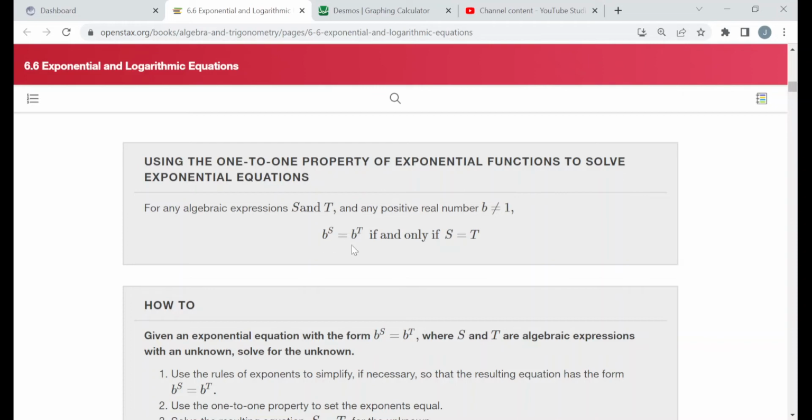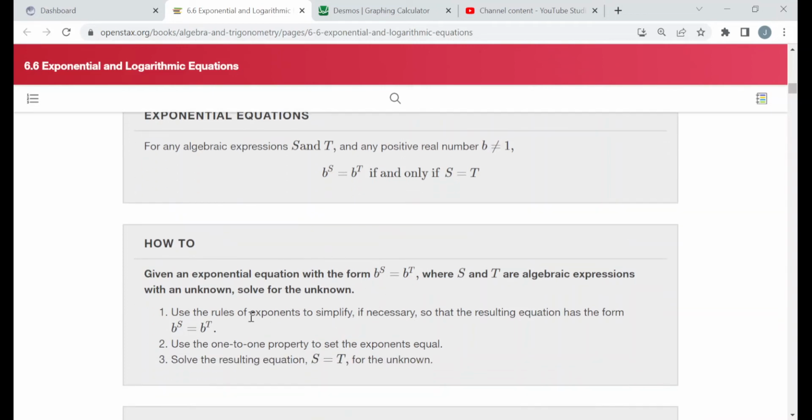So if we have an equation where both sides are a single base to a power, and that base is the same, this tells us that the powers must be the same as well. And they go through a little how-to here. You're going to be using properties of exponents to get an equation to look like b to the s equals b to the t, both sides with the same base, and then you apply this one-to-one property to set the exponents equal, solve the resulting equation, and check your solutions, of course.